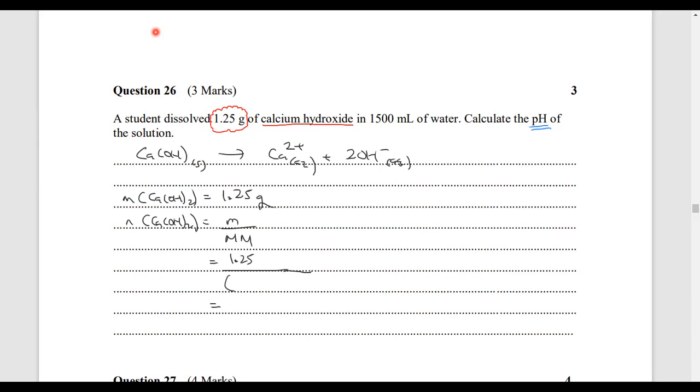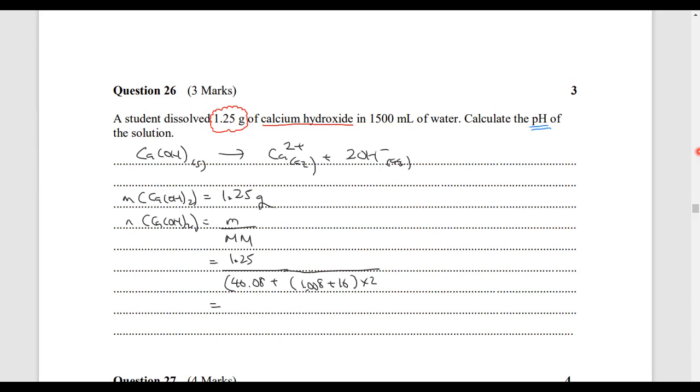Sorry, my computer's just taking a little while to load up the thing. Okay. So it's 40.08 plus 1.008 plus 16 times 2.